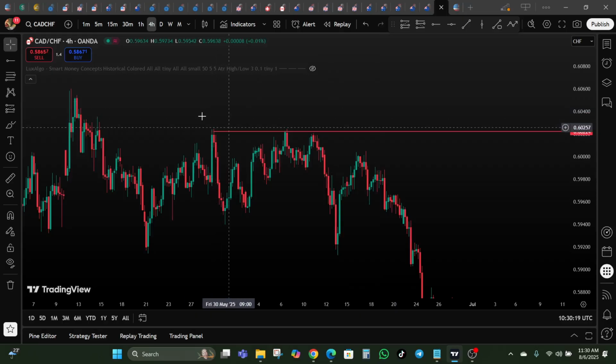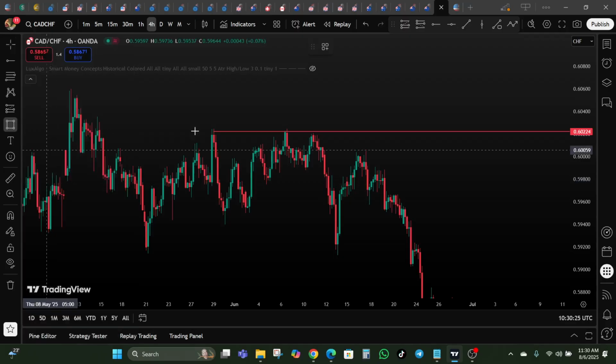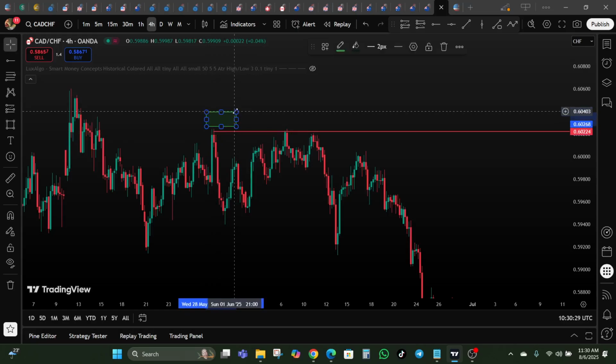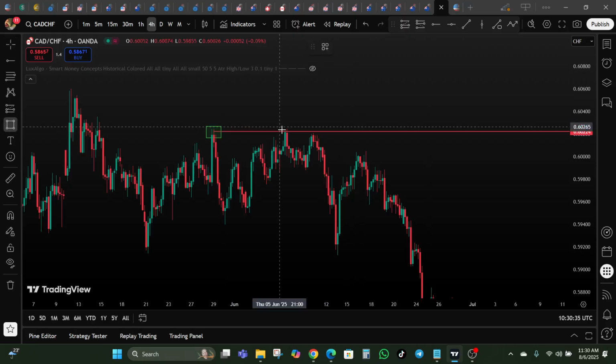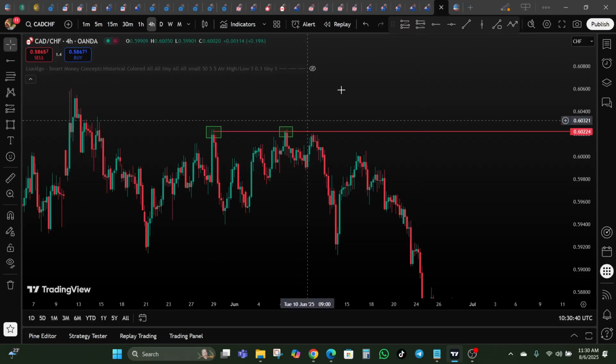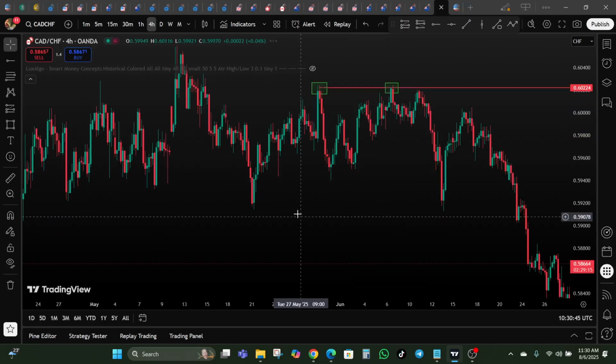It's just areas where you have price getting to around the same price point, right? You can see something like this around the same price point. This is what we call equal highs. And for the equal lows, it's a similar case.